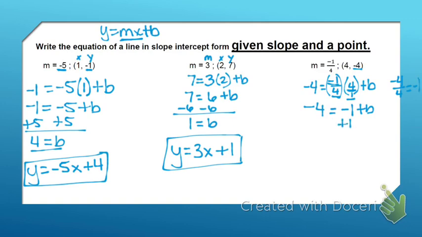So then I would add 1 to both sides to get negative 3 equals b. So then my equation for y equals mx plus b would be y equals negative 1/4 x minus 3.